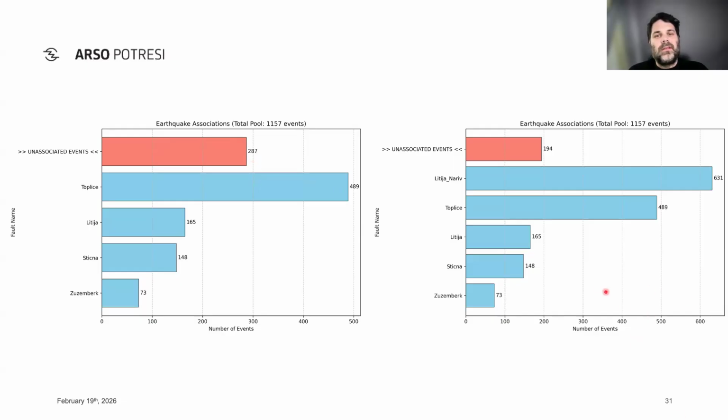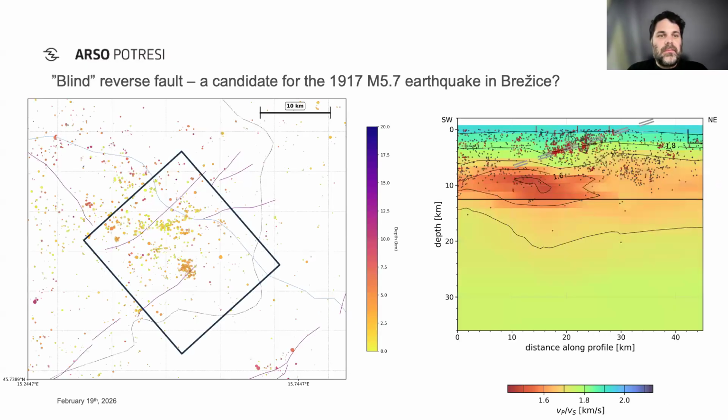But if we introduce a fault with reverse mechanism and this strike as delimited by the seismicity, we can see that now less than 200 events are unassociated, and this new fault takes a huge amount of events. So this is how we recognize that this is nicely oriented. The geometry of such fault is nicely defined by seismicity.